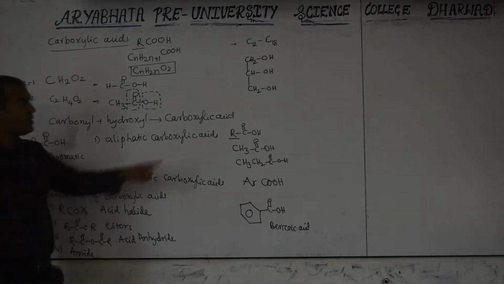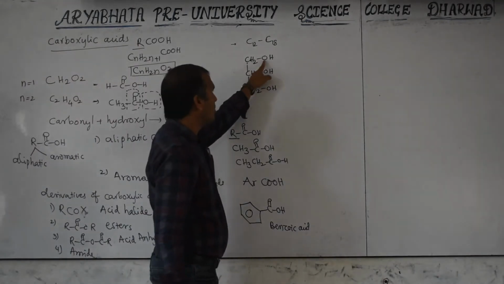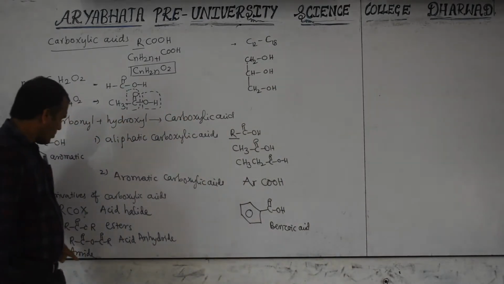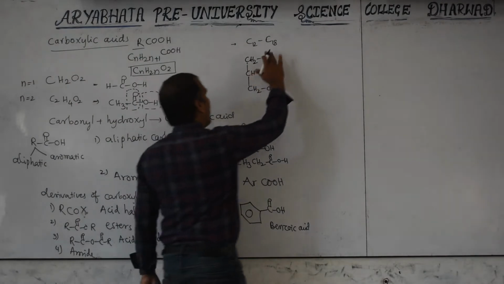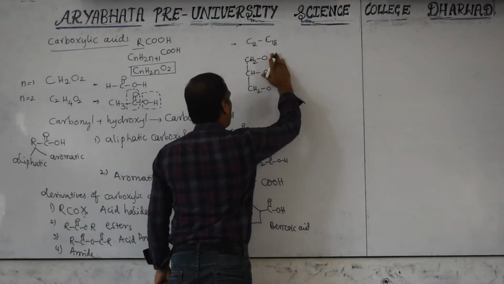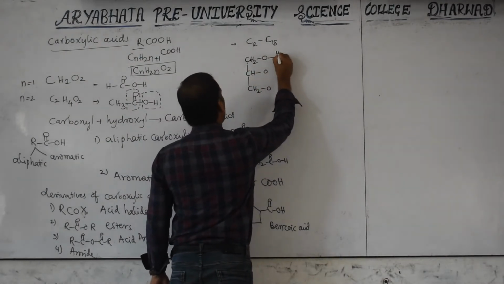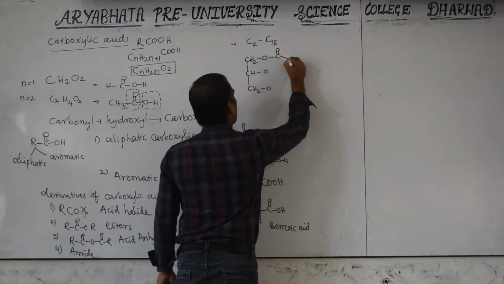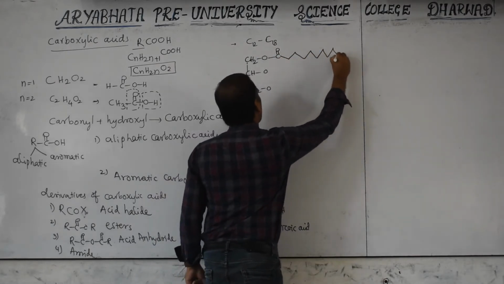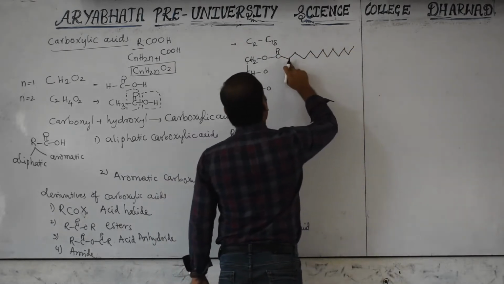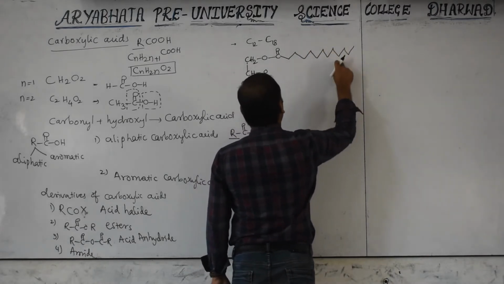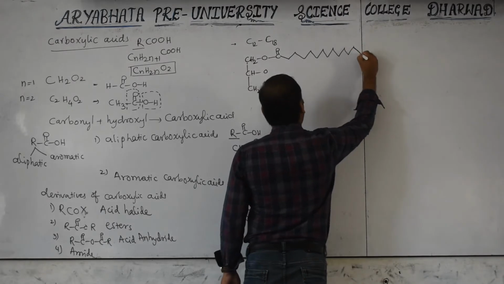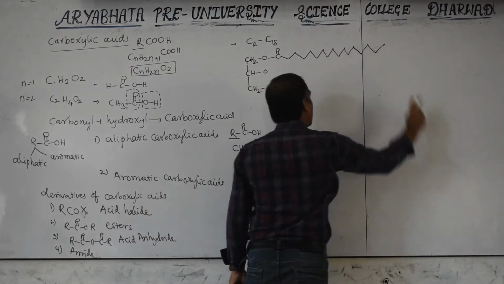This R is an alkyl group. This is O from this side, RO. Next C double bond O. So I have to remove the water molecule actually. Then it is represented like this: C double bond O. 1, 2, 3, 4, 5, 6, 7, 8, 9, 10, 11, 12, 13, 14, 15, 16, 17, like this.